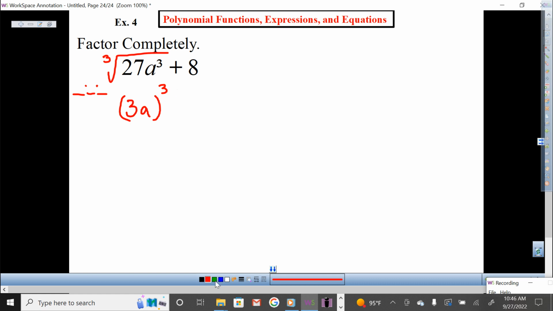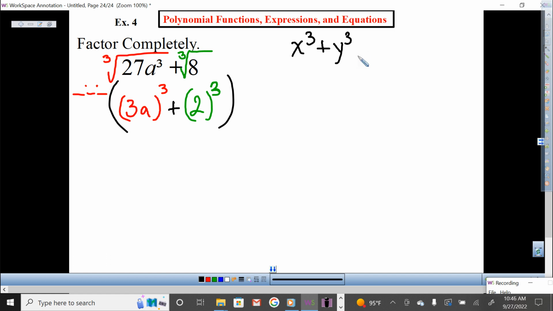Okay. How about this one? What is cube root of 8? 2. That is correct. So we can write that as 2 cubed. But this is a what? A sum. All right, which means it's this. Look up. x cubed plus y cubed.